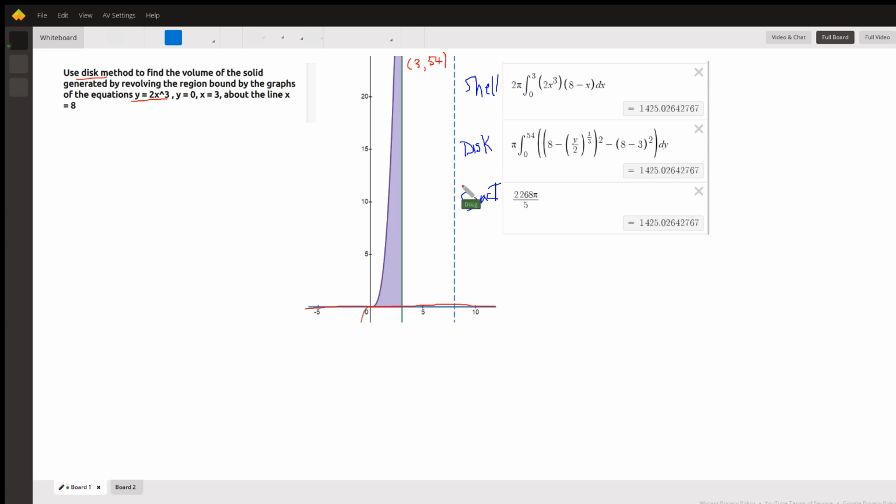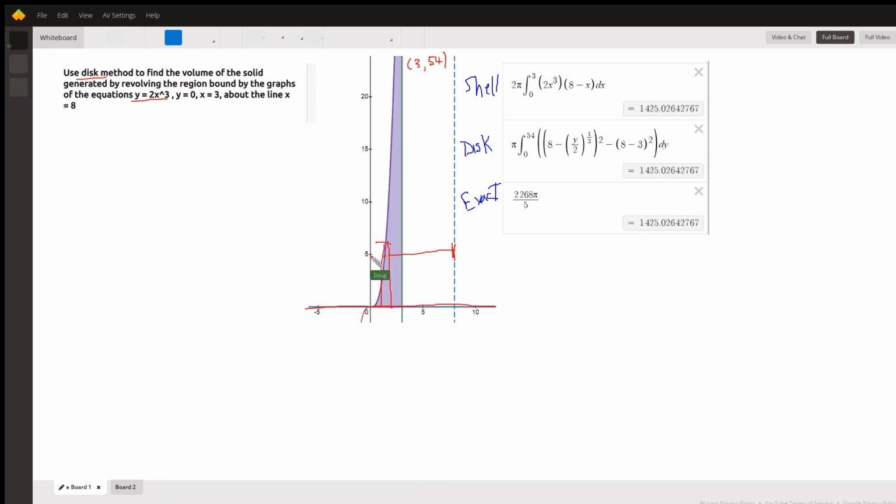If you use the shell method, which has typical shells perpendicular to the axis of revolution, the problem's pretty easy. We have 2 pi times the definite integral from 0 to 3 of the height of a typical shell, which is 2x cubed, times the average radius, which is the distance from the axis of revolution to the center of the shell.